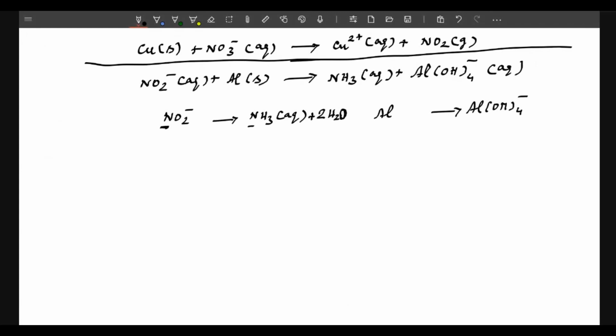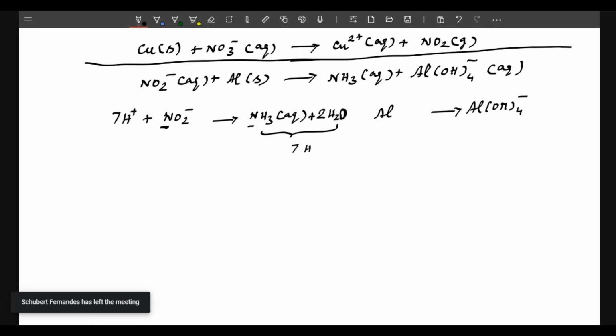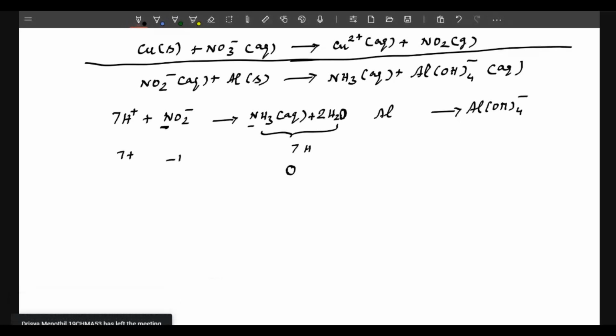Now we are going to balance the hydrogen. The total number of hydrogens on the product side is 7, and no hydrogen is present on the reactant side. Therefore, we add 7 H plus on the reactant side. The last step is to balance the charge. In the product the net charge is 0, but here 7 plus and 1 minus are there.